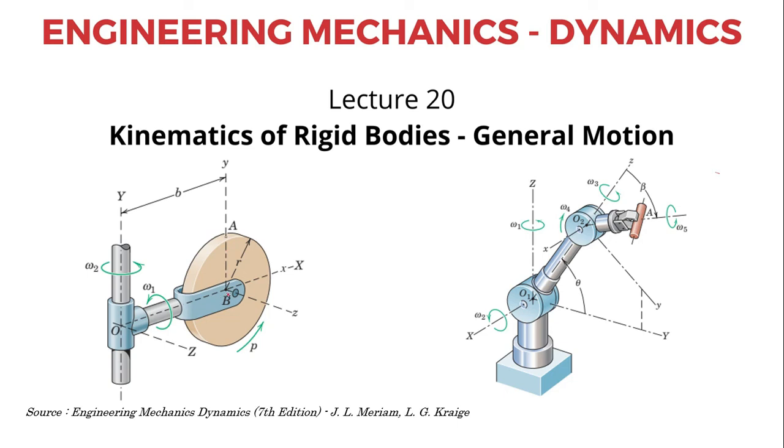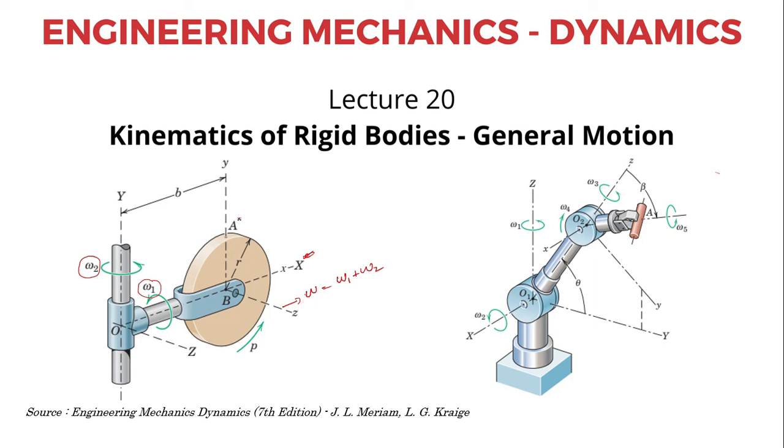Now since this shaft here is undergoing an angular velocity omega 1 and omega 2 with respect to the x-axis and with respect to the y-axis, I can say that the corresponding moving reference frame is undergoing an instantaneous angular velocity omega given by omega 1 plus omega 2.